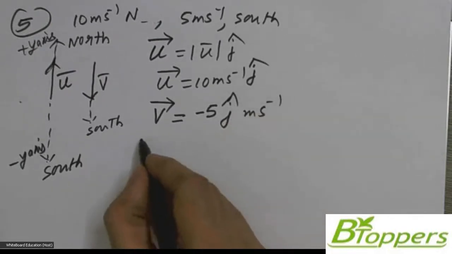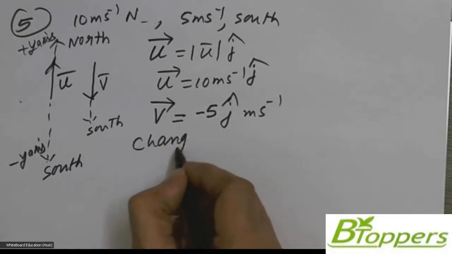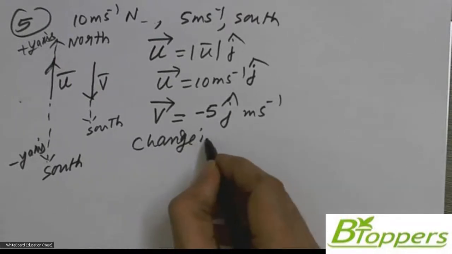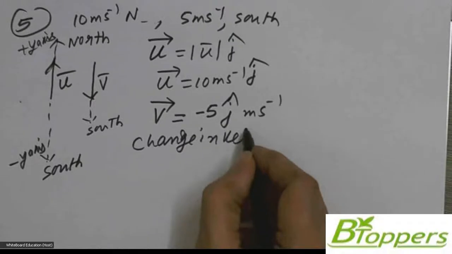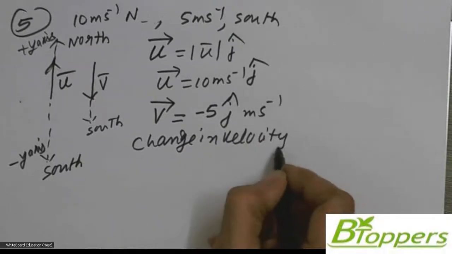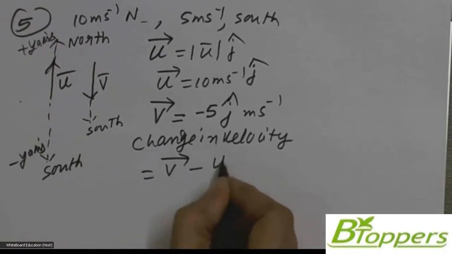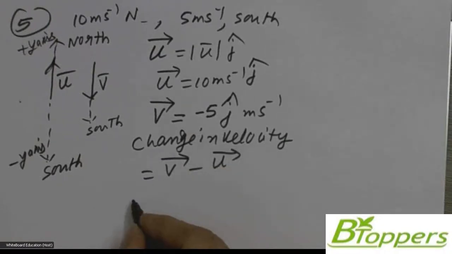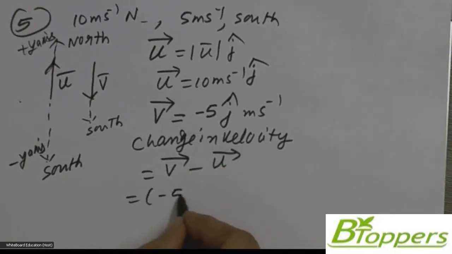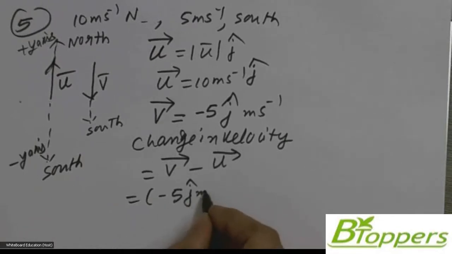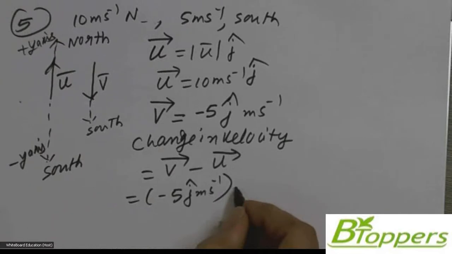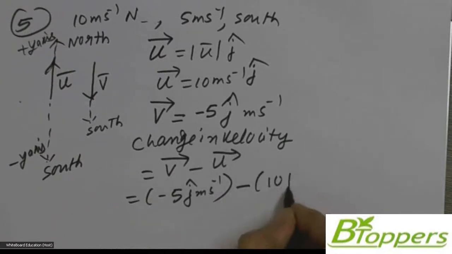So the change in the velocity of the particle is equal to v bar minus u bar. Here v bar equal to minus 5 j cap meter per second, and u bar equal to 10 j cap meter per second.